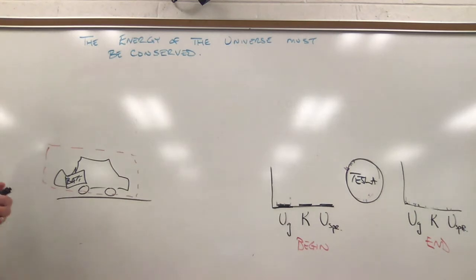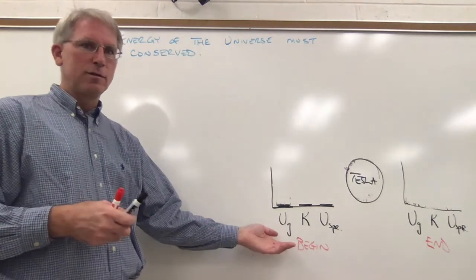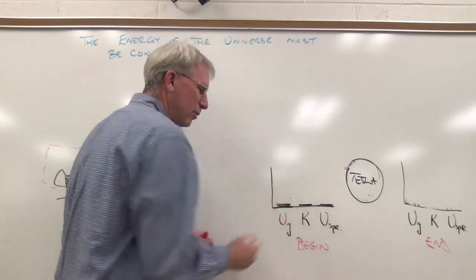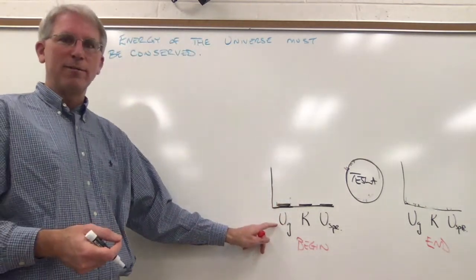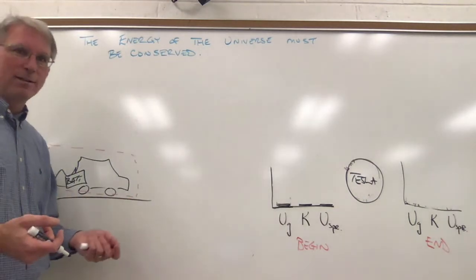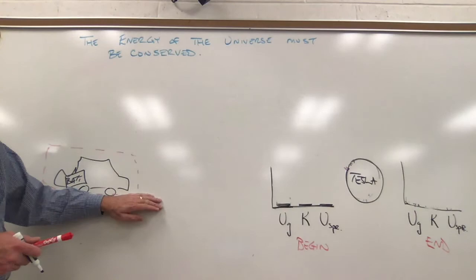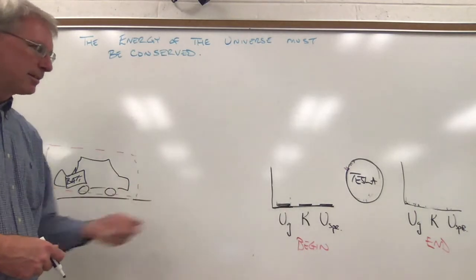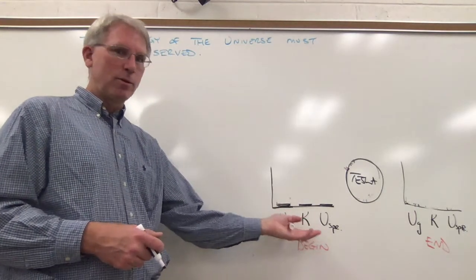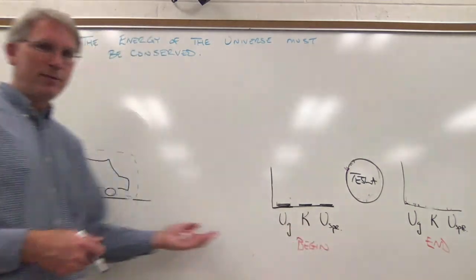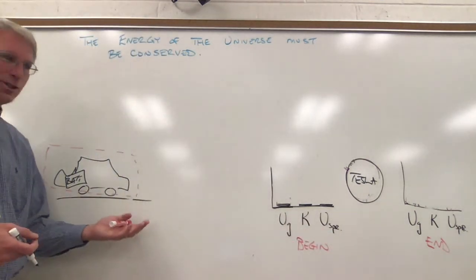Does my system have potential energy? The answer is no, because it's the only object in there. So since the Earth is not part of my system, I can't have any gravitational potential energy because it's basically just a Tesla floating out in space there. It's not moving yet, so it has no kinetic.